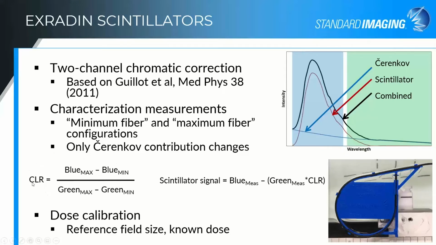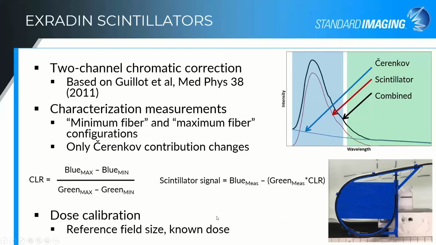We calculate what's called a Cherenkov light ratio by the difference in the signal between these two configurations, with only that Cherenkov component changing. And with that CLR value, then we can correct subsequent measurements of an arbitrary field by using the amount of signal in the green channel to correct for the Cherenkov in the blue channel. So that's what's described here in the Guyot publication.